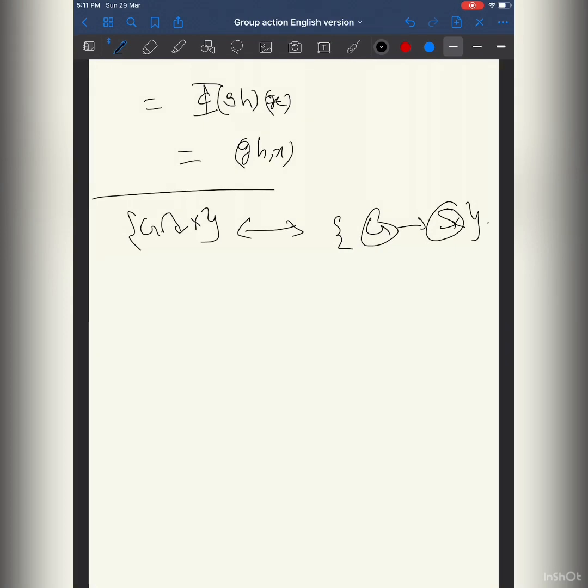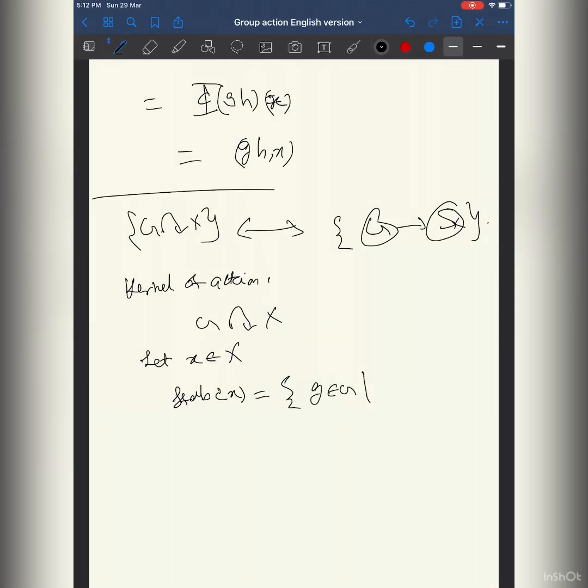Now I am going to define the kernel of action. Kernel of action. Suppose we have a group acting on a set. Before that, let me do the stabilizer. Let X belong to X. Stabilizer of X is equal to the set of all G belonging to G such that Gx equals X. See, this condition says that I am collecting those G's which do not move X. When G acts on X and equals X, it does not move; definitely the identity will be there, and we can prove this is a subgroup.